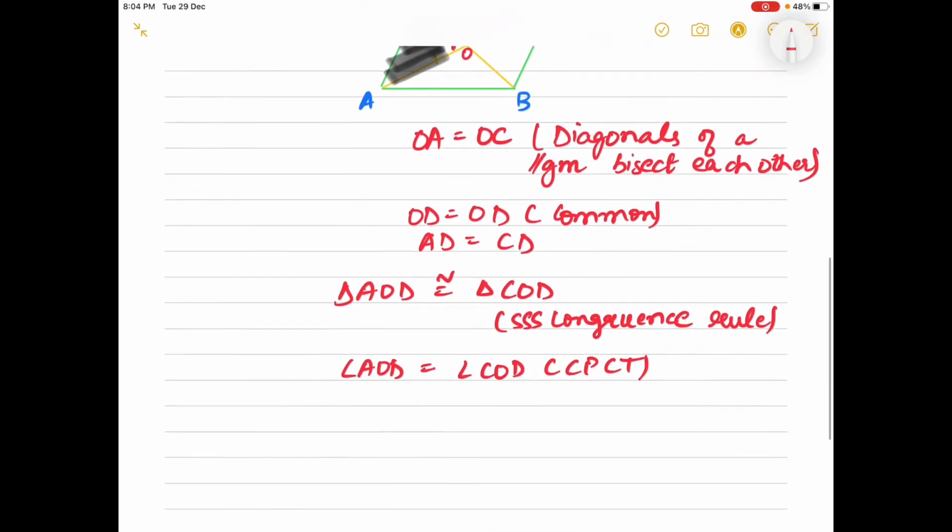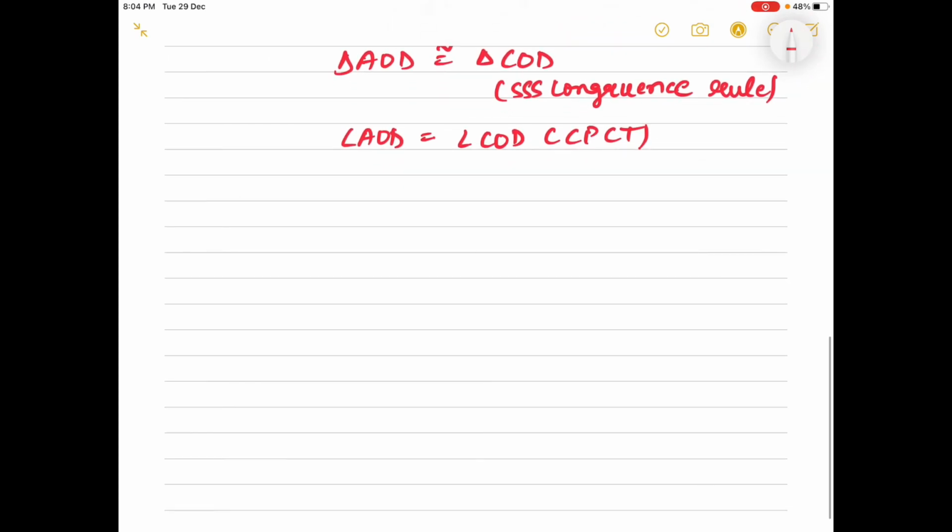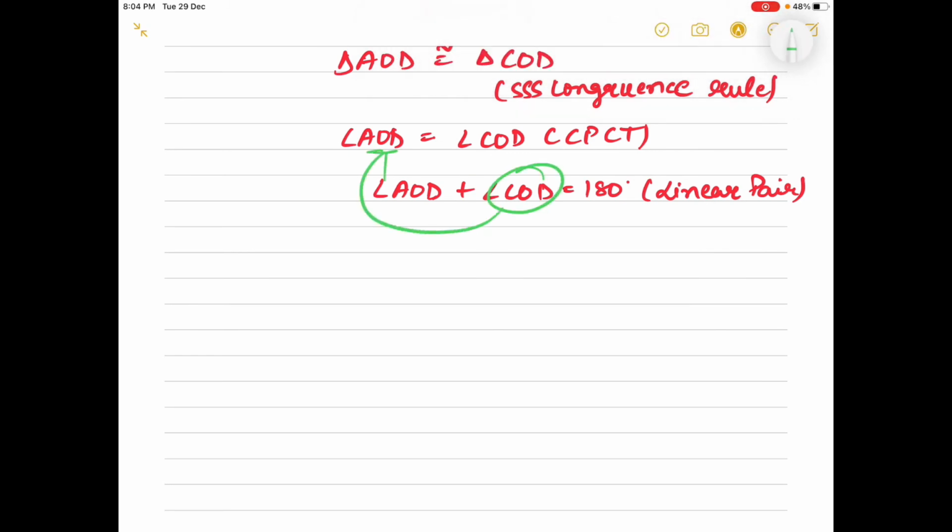As these two angles are equal to each other, angle AOD plus angle COD will be equal to 180 degree, as these are linear pair angles. And as we have already proved that these two angles are equal, we can replace angle COD by angle AOD.